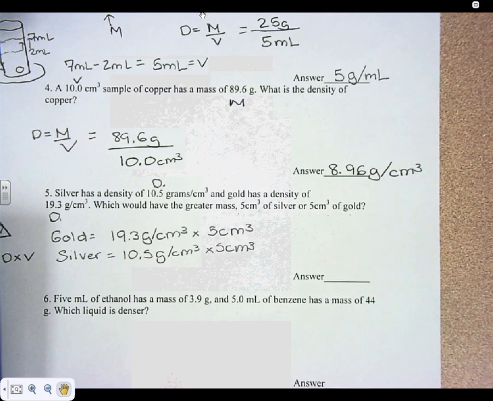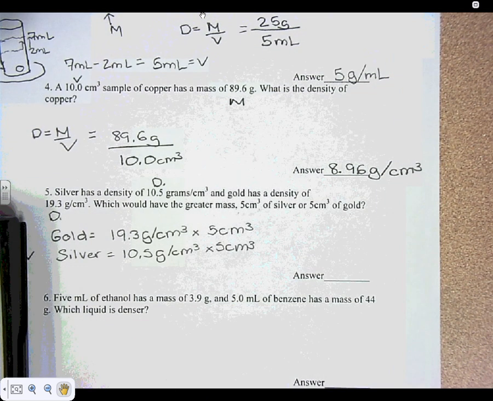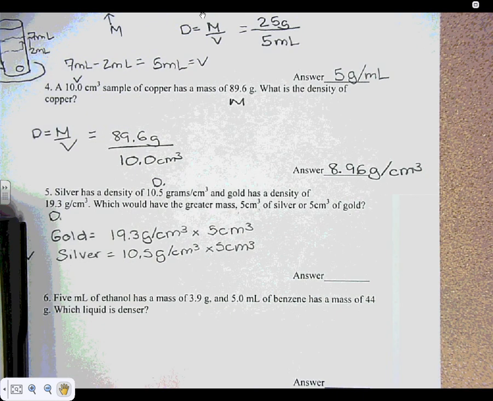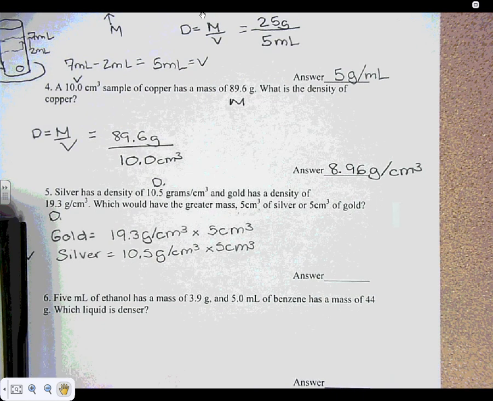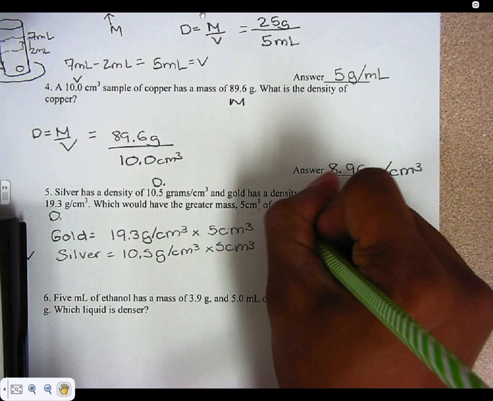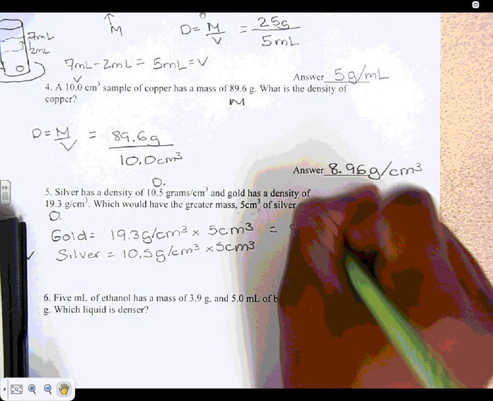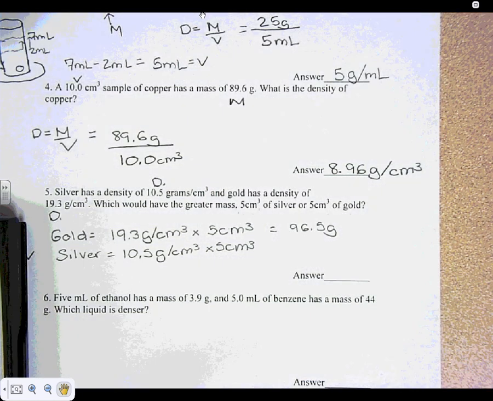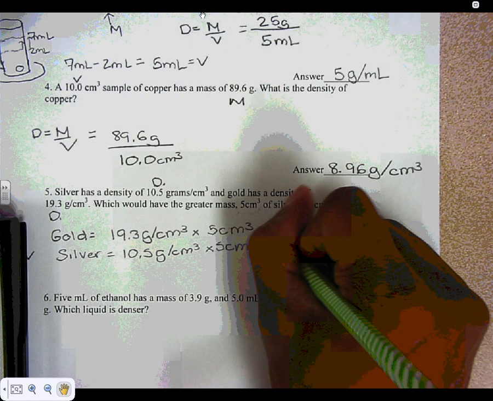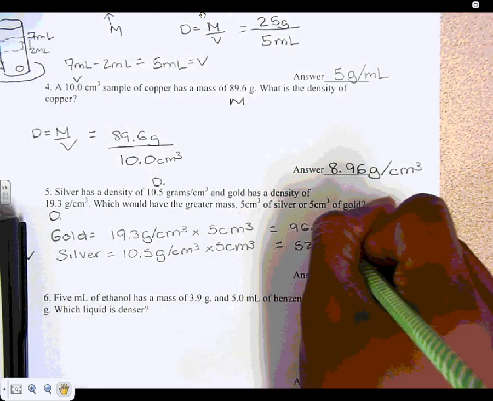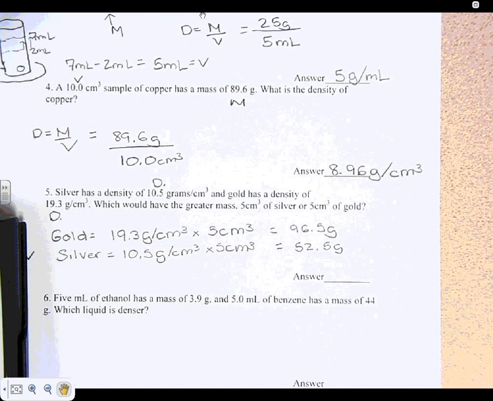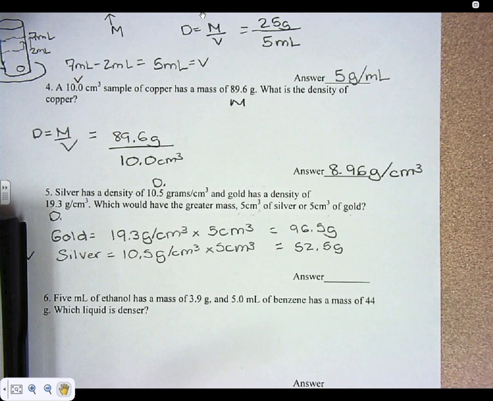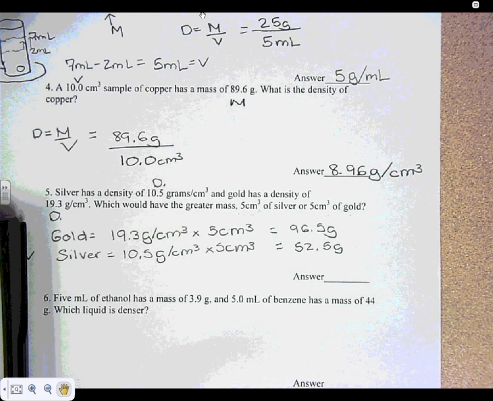Looking at it, I can tell you that the gold is going to have a greater number, but I see no harm in actually showing the math. So in this case, the mass is going to equate to 96.5 grams for gold. And if we're looking at that for the silver, it's going to be 52.5 grams. And comparatively, your gold is almost going to be double the weight of silver based on its density.